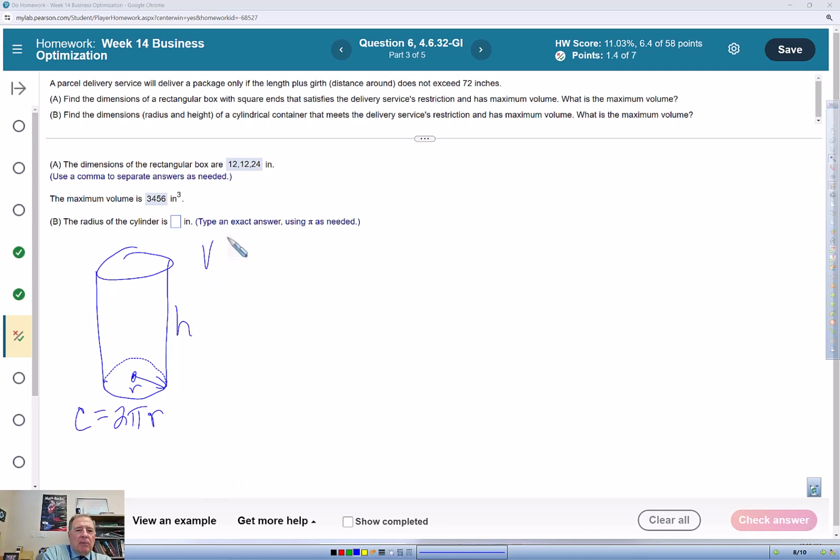The volume of a cylinder is going to have 2 variables, and the volume is going to be pi r squared times h. Once again, I need to get rid of the h variable. So I know that the girth, or the distance around, in this case the circumference plus the height, has to be no more than 72 inches. So 2 pi r plus h equals 72.